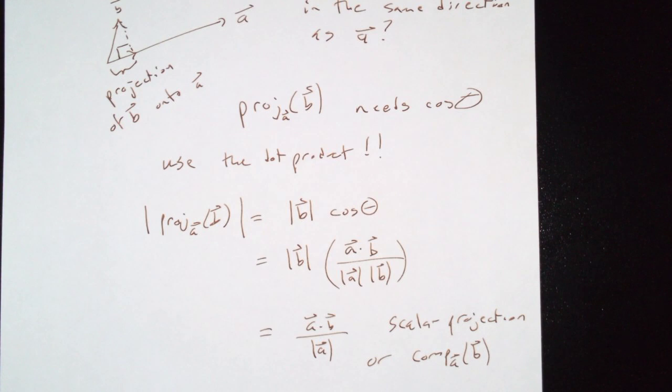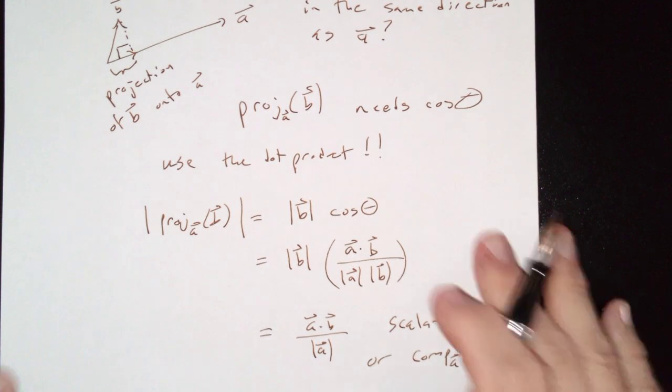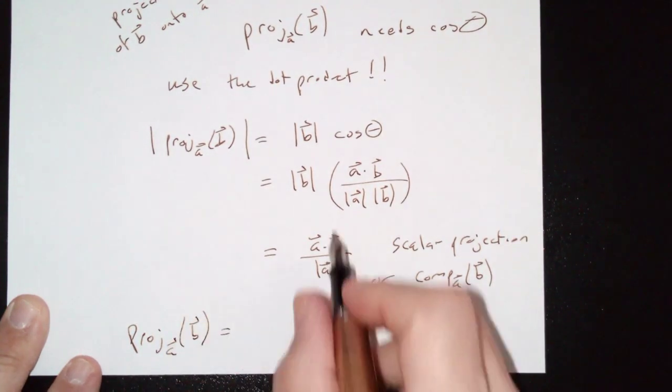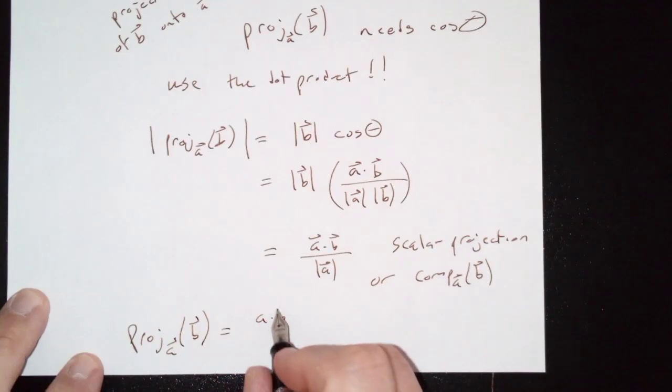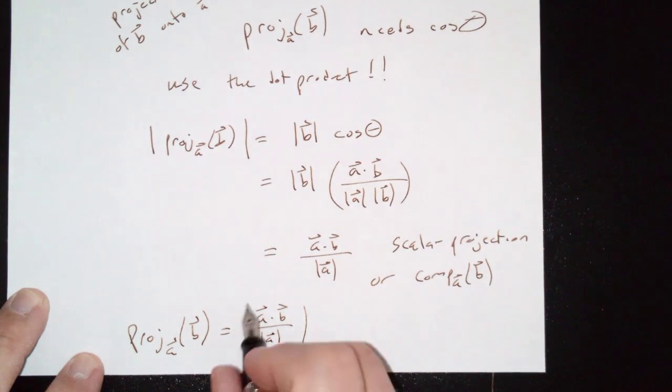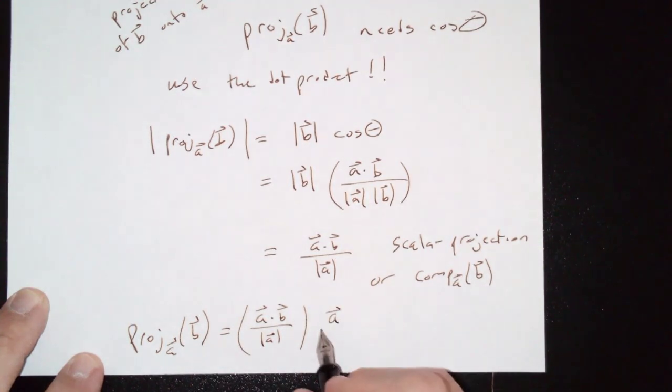So to make the actual projection vector, I take this length and multiply it by a unit vector made from A. The projection itself is this number multiplied by a unit vector made from A.